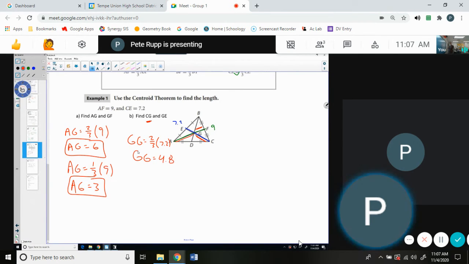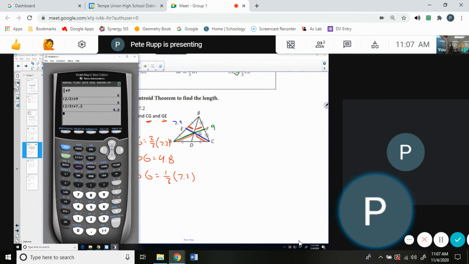Okay, so again, you can either do 7.2 minus 4.8 to find the other piece, which is GE here, or I'm just going to do it the same way. GC equals 1/3, since it's the short piece, of 7.2. So I'm going to grab my calculator again, and this time I'm going to type in 1 divided by 3 times 7.2.